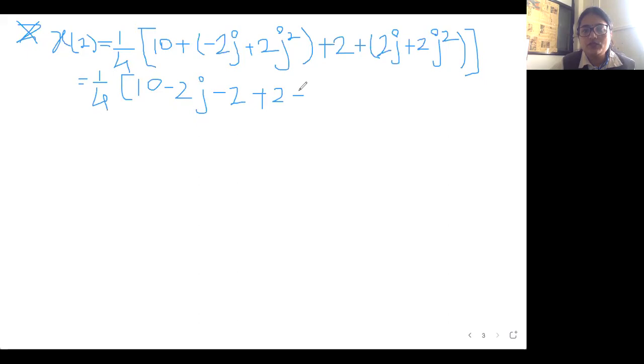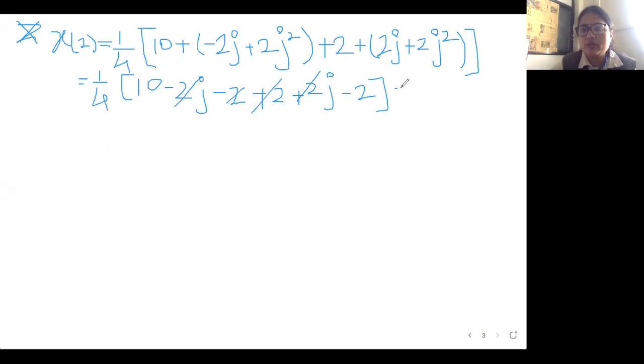This is plus 2j, and this j square is minus 1, so minus 1 multiplied by 2 is minus 2. So minus 2j and plus 2j will cancel each other, and plus 2 minus 2 will cancel each other.